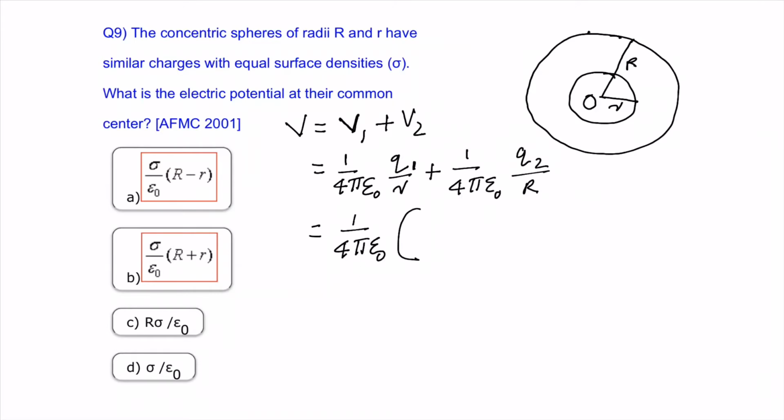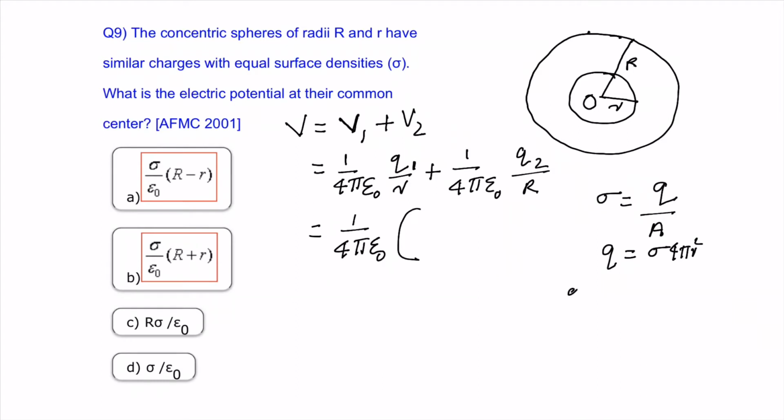Now what is q1? For understanding that, you already know sigma. Sigma is q by area, so q is sigma into area, and area is 4 pi r square.